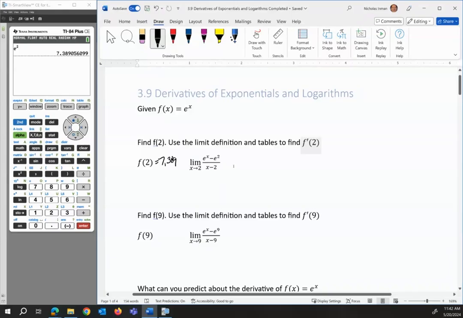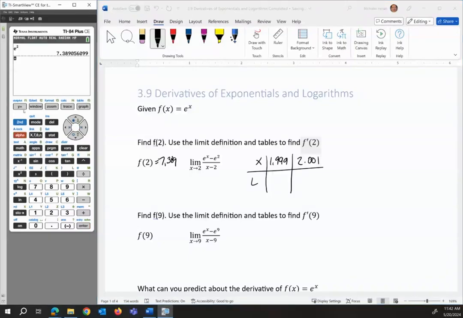Now, we can't do this with the traditional method, so we're going to go ahead and try it with a table. Let's pick a number really, really close to 2, but a little bit smaller, maybe 1.999, and then a number really close to 2, but a little bit bigger, 2.001. All right, let's see what we got. We make a fraction.